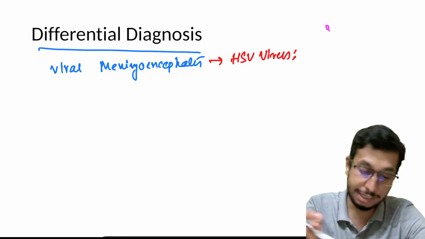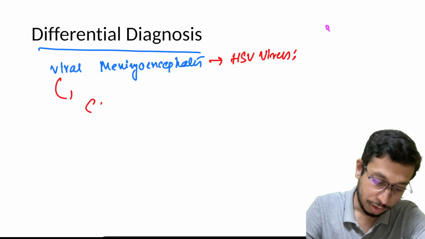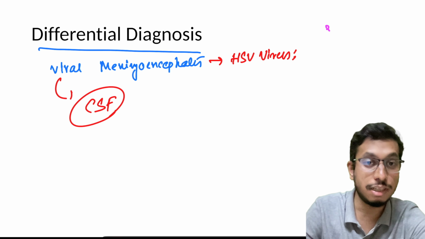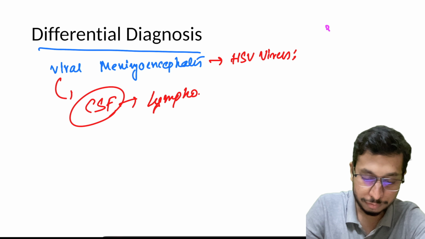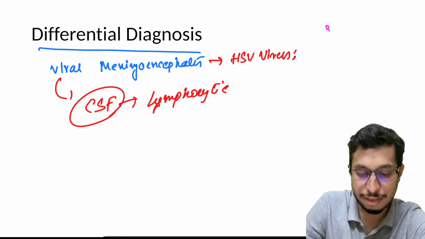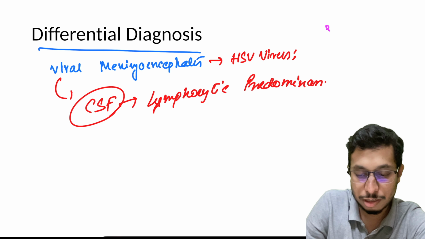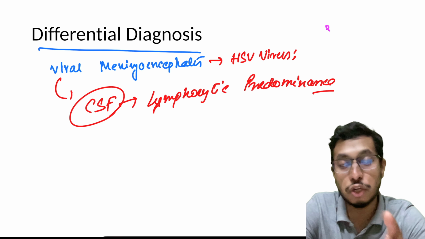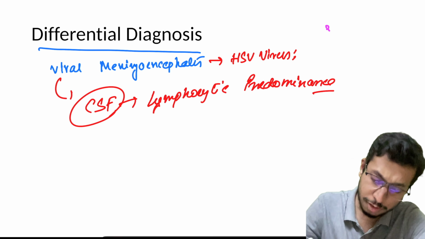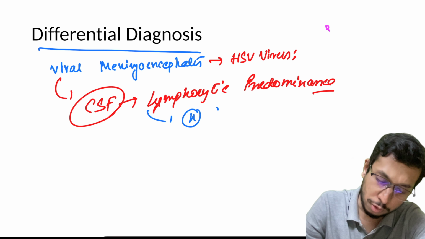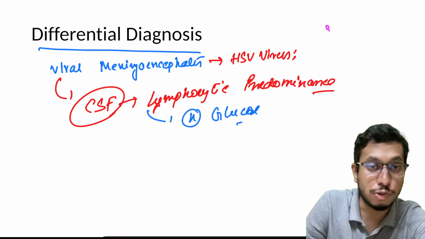Okay. Now CSF will give the biggest clue for diagnosing these cases. Lymphocytes will be more. Lymphocytic predominance can be seen in these cases, whereas neutrophil predominance is seen in bacterial meningitis, and lymphocyte predominance with normal glucose. Okay, normal glucose will be seen.